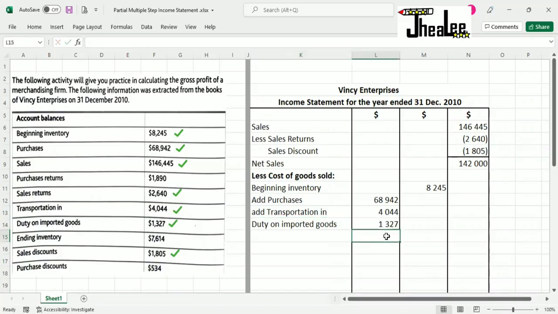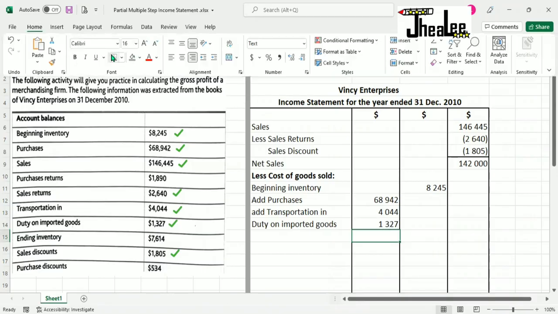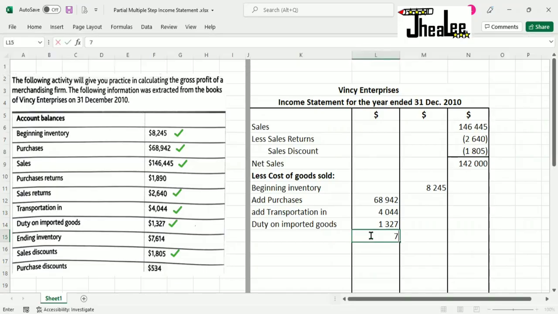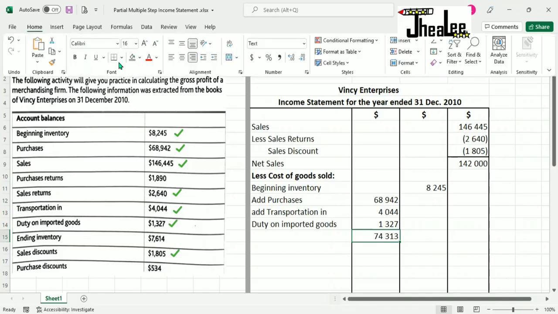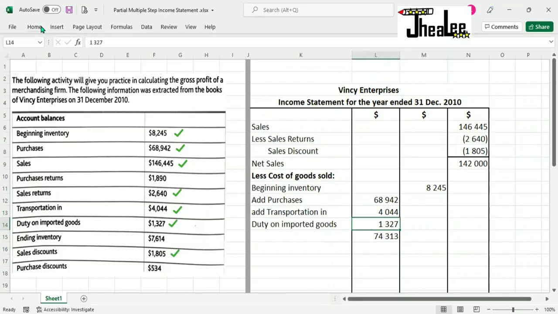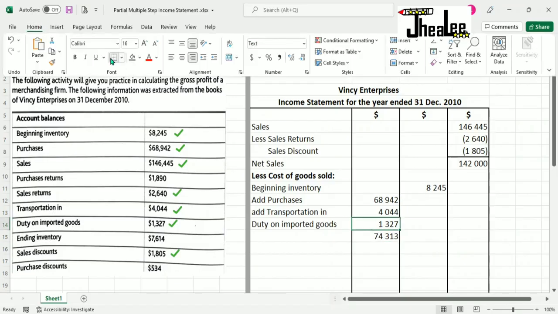And the value for that is $1,327. We're now going to find the total of these figures. And once you add those together, you get a total of $74,313. So remember, you add your transportation in, if there's any, and if there's any duty on imported goods, you're going to add that as well.